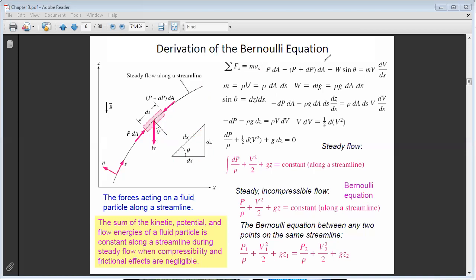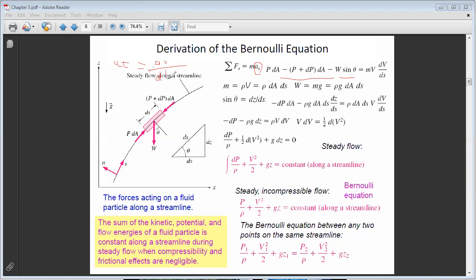So the projection on the ut direction gave me the following, and this should be equal to m times as, which is the tangential acceleration. And we know that the tangential acceleration can be written as at. We know that at is by definition related to the derivative of velocity with respect to time.